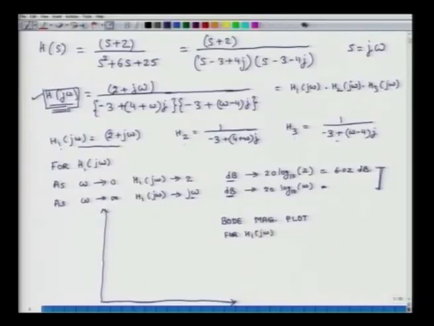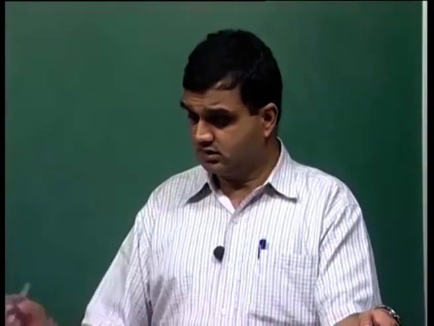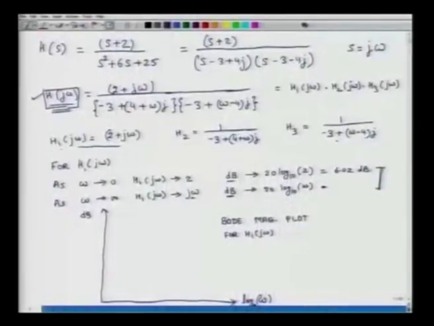On the horizontal axis I am plotting logarithm of omega, and again it is logarithm in base 10, and on the vertical axis I am plotting decibels. I know that my low frequency asymptote is a horizontal line, which cuts the y axis at 6.02 decibels.